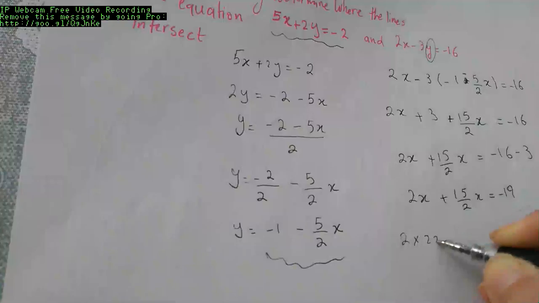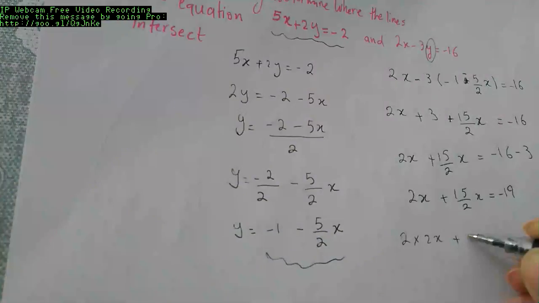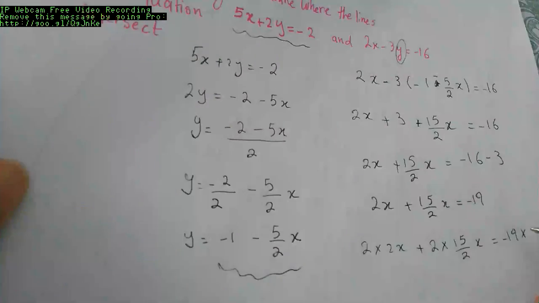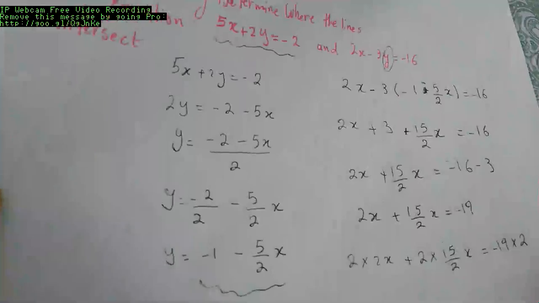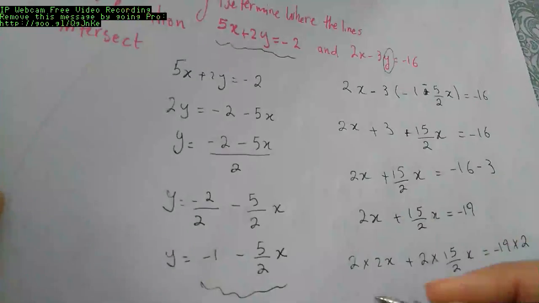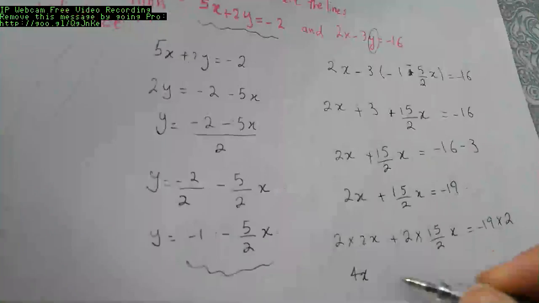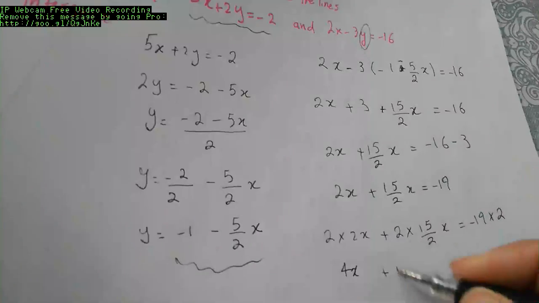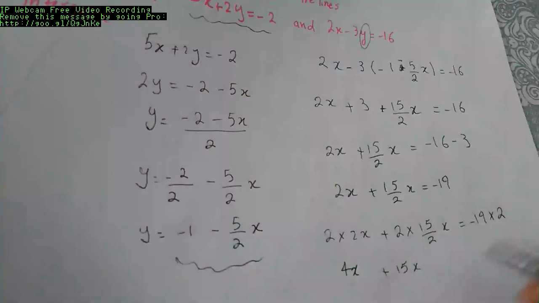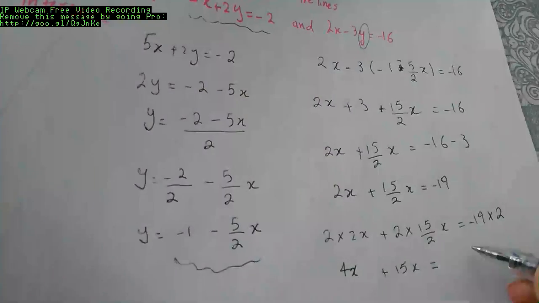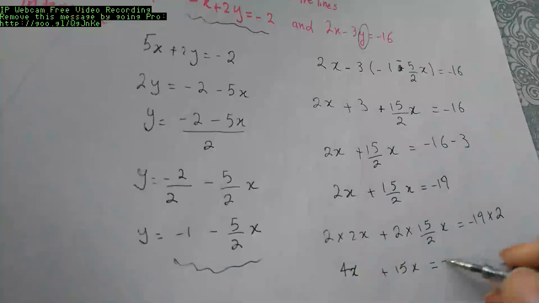To get rid of this denominator, I can multiply each term by 2, right? So 2 multiplied by 2x plus 2 multiplied by 15 over 2 x equal to -19 multiplied by 2. So each term I multiply by 2. So this is 4x plus 15x equal to -38.